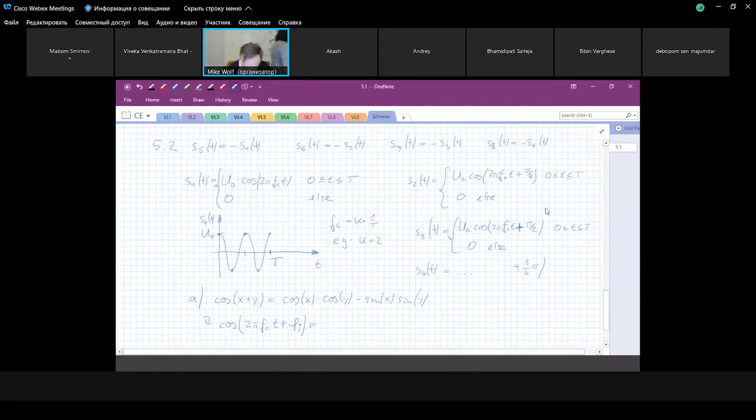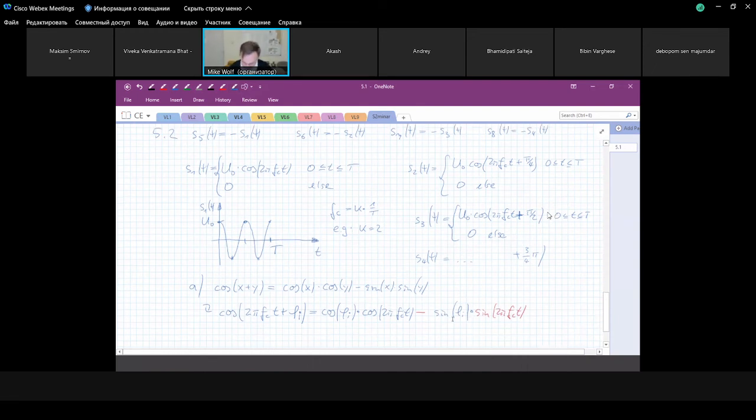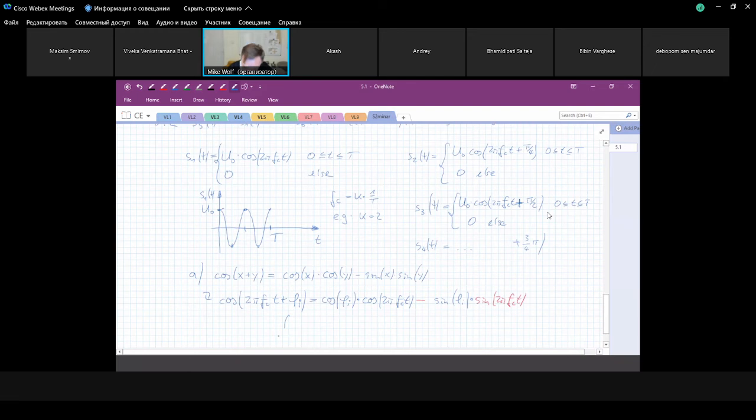And this can now be written as cosine of phi times cosine of 2 pi fct, okay, and then minus sine of 2 pi fct, and there is a factor before, and this is, of course, sine of phi. Okay, this is valid. And now look at the following integral. You can check this at home. It's quite simple.